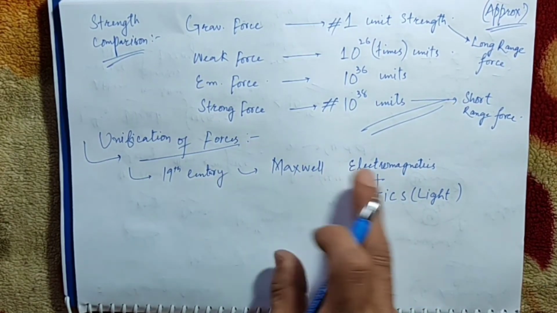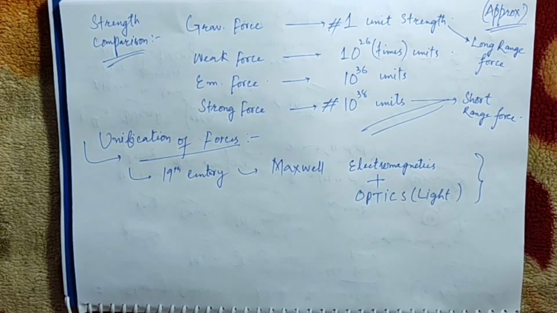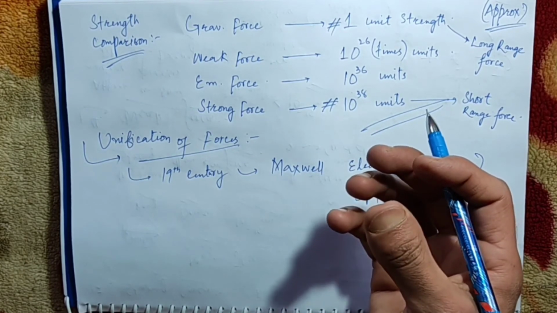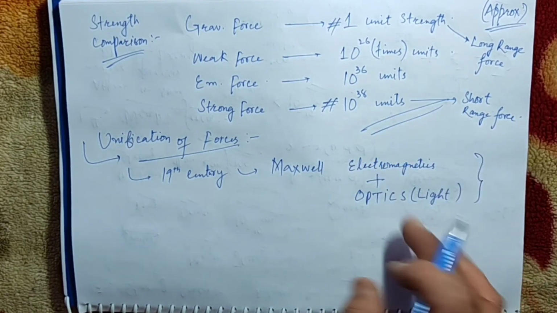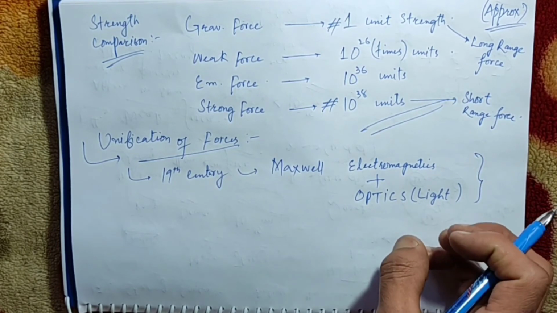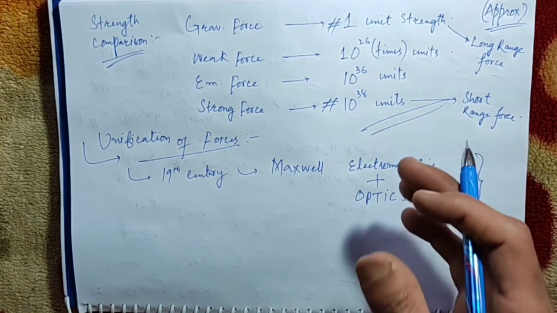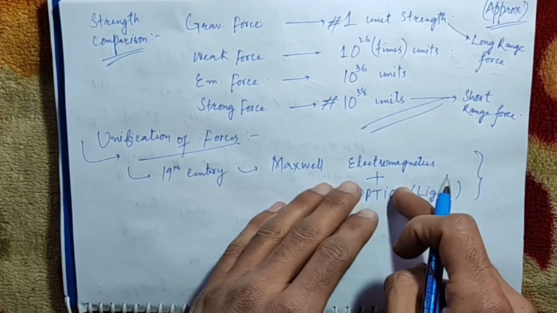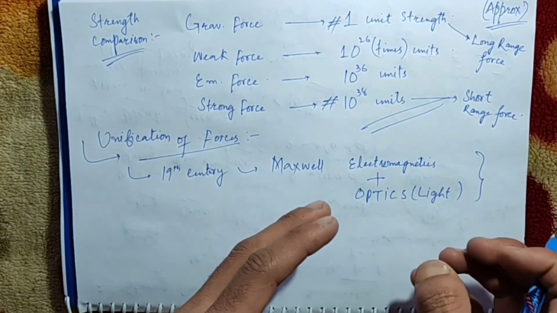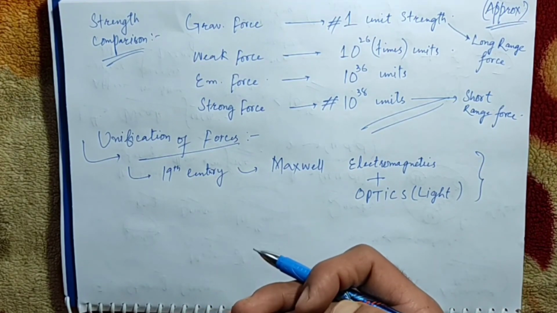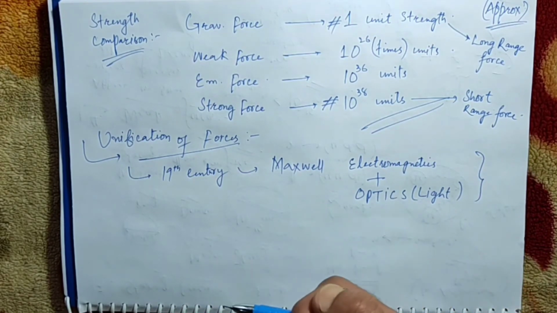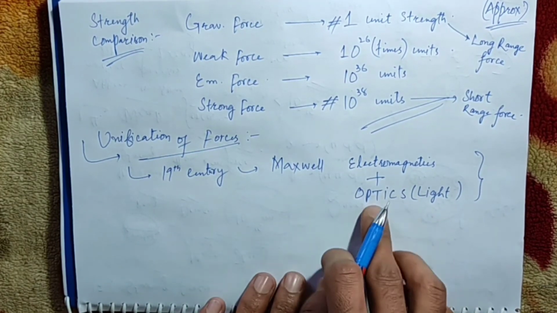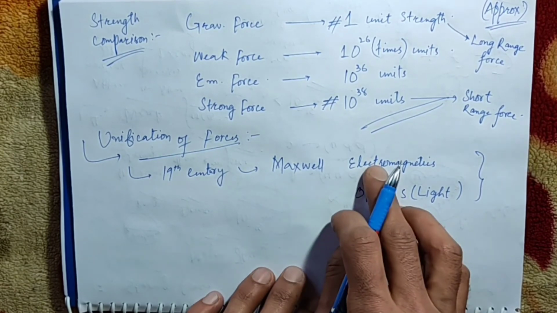So Maxwell unified these two things: electromagnetism, the forces existing between charged particles, and optics, the light itself. That means he concluded that light, the electromagnetic wave itself, is formed due to the interaction between charged particles. So he unified these two domains.